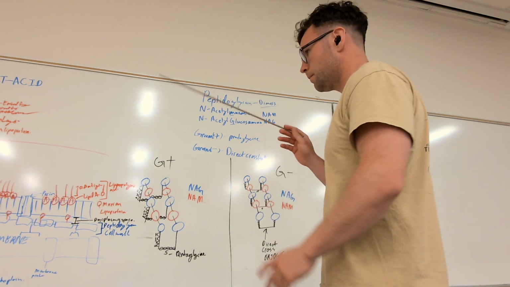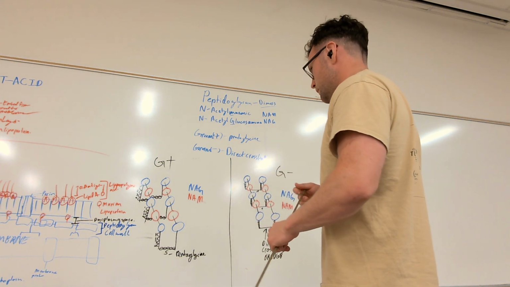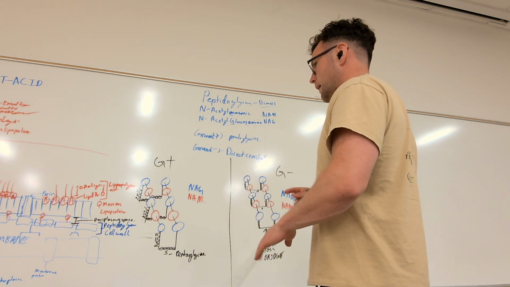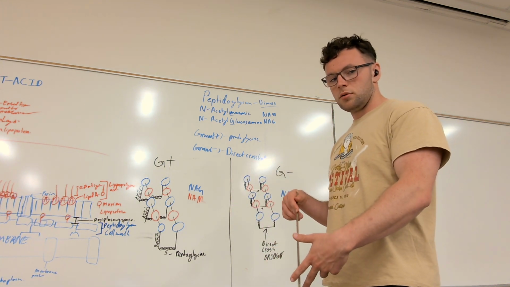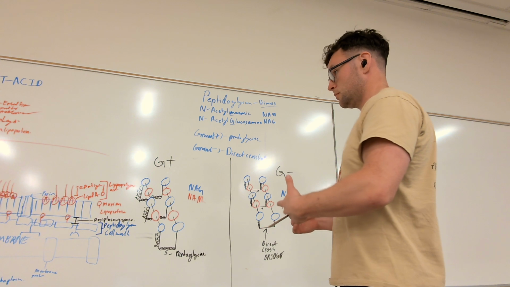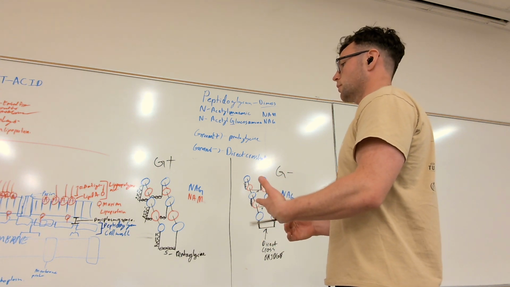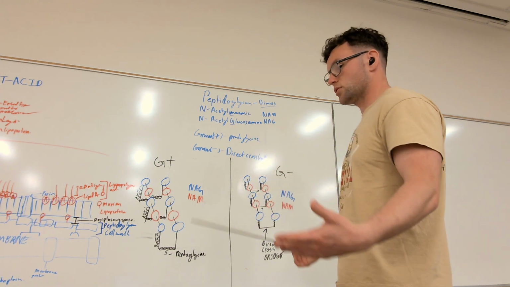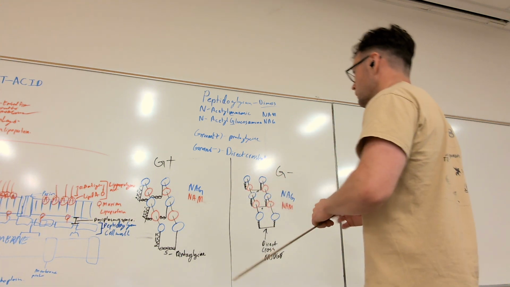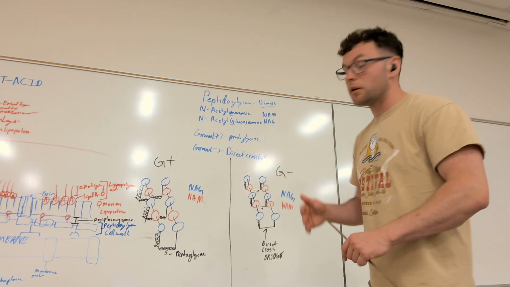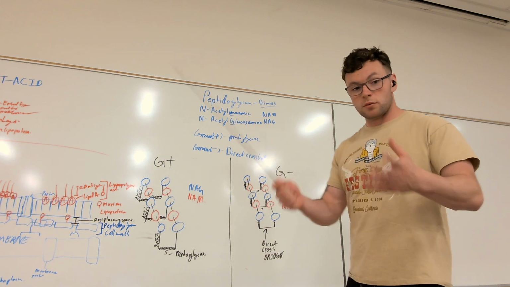You've got similar wall structure, right? But is that because the membrane has changed the structure of the wall on a gram-negative cell? Or is that because the gram-negative cell has had a different wall structure to incorporate the membrane? Theory. But the wall is the wall is the wall.